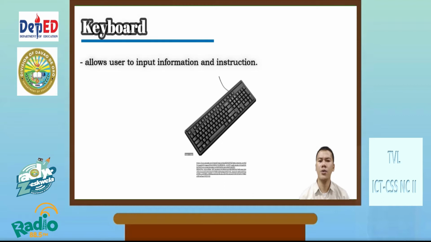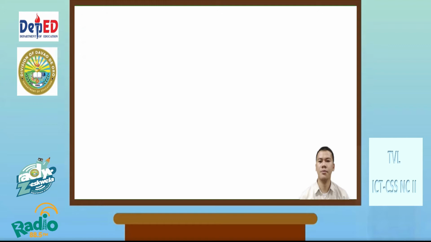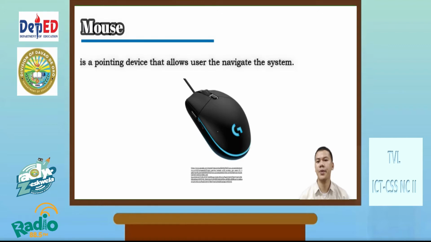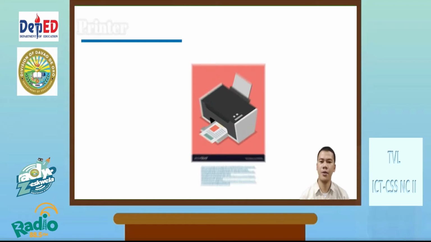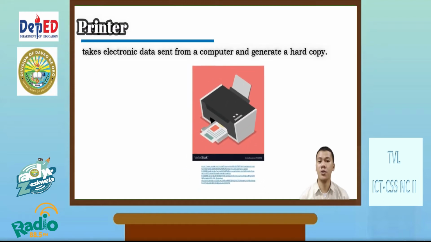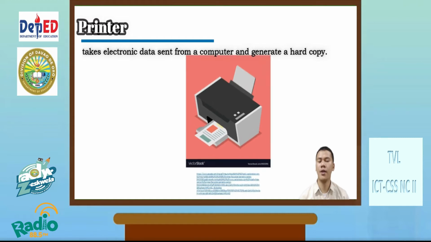Keyboard allows user to input information and instruction. Mouse is a pointing device that allows user to navigate the system. Printer takes electronic data sent from a computer and generates a hard copy.